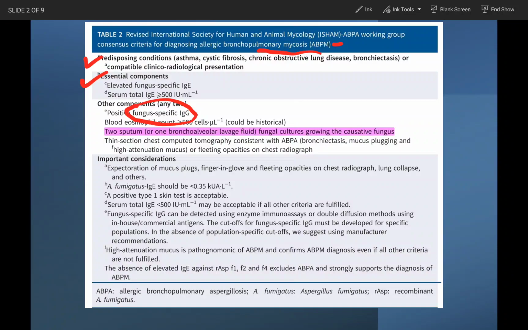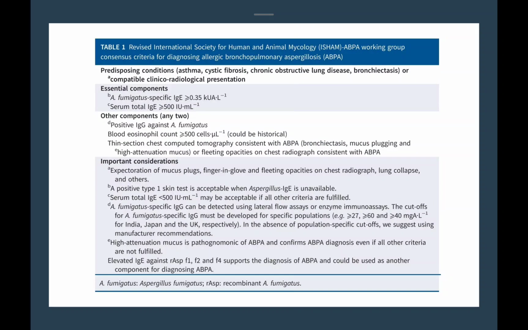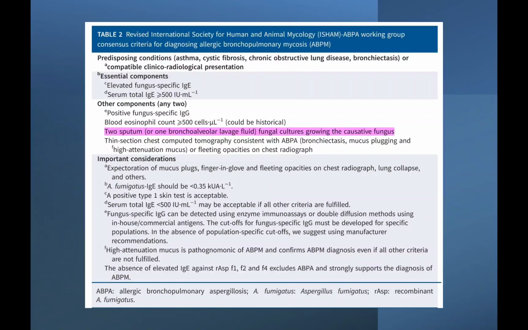Then one more important thing they have recommended is 2 sputum samples or 1 bulk sample that grows the causative fungus. This was not mentioned in the ABPA diagnosis, and here it is mentioned: 2 sputum or 1 bulk sample. So that is how we diagnose ABPM.